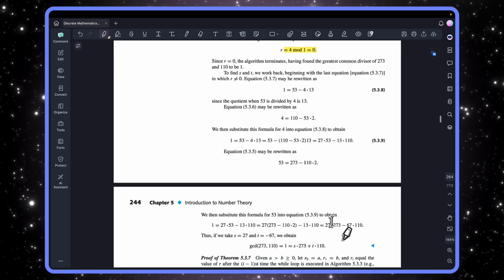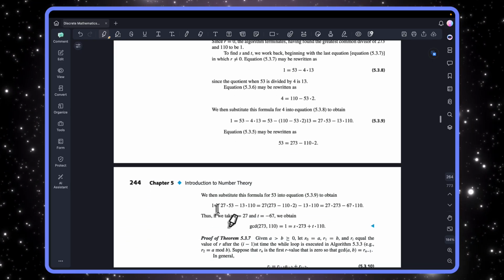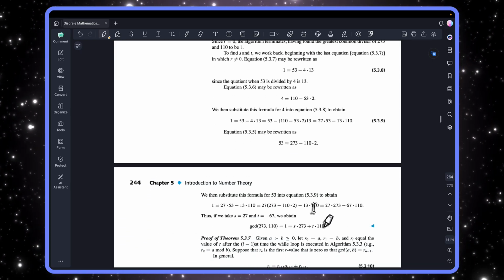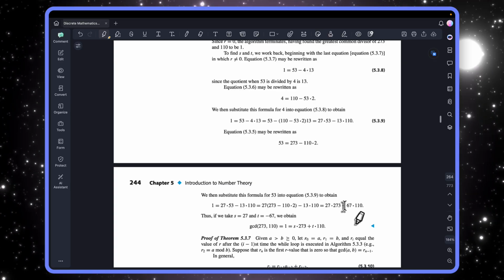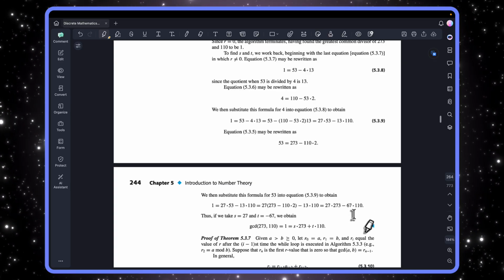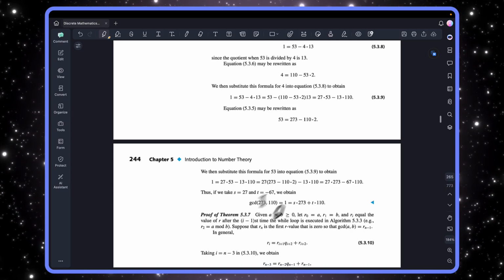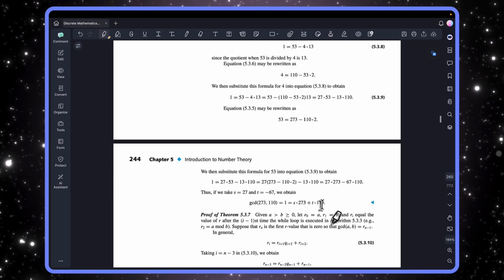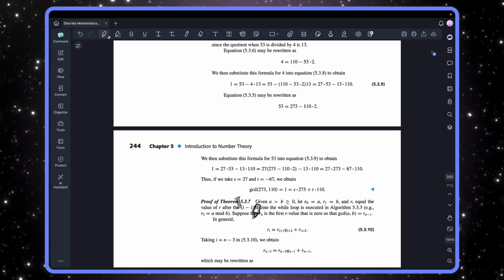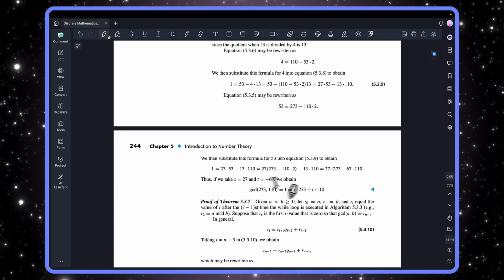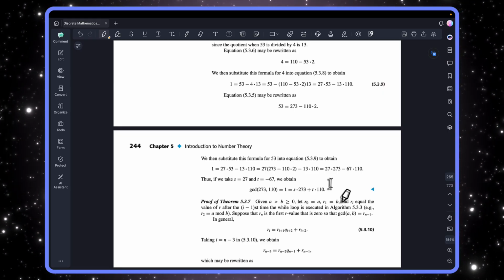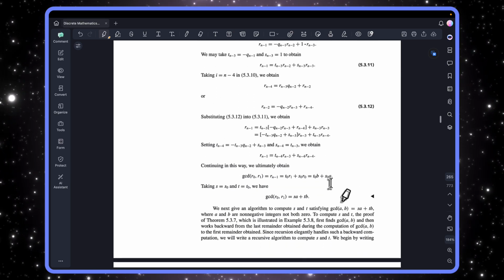If you plug that in, notice now that everything is in terms of some number times 273 plus some other number times 110. And lo and behold, there we have it: the two numbers we were looking for are 27 and negative 67.